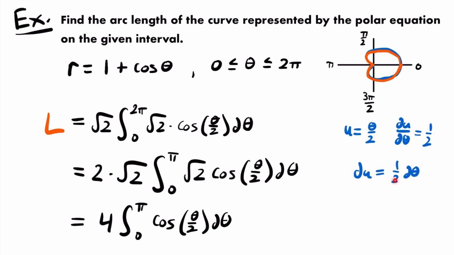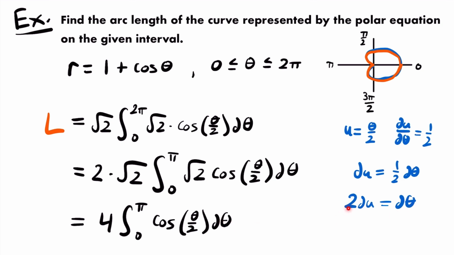And then whatever du is equal to needs to be found within our integral, but I don't see 1/2 d theta, I just see d theta. So we need to multiply both sides by 2 to have 2 times du is equal to d theta, right? Multiplying both sides by 2 eliminates this 1/2 because 2 times 1/2 is 1. So now we can replace d theta with 2 times du.